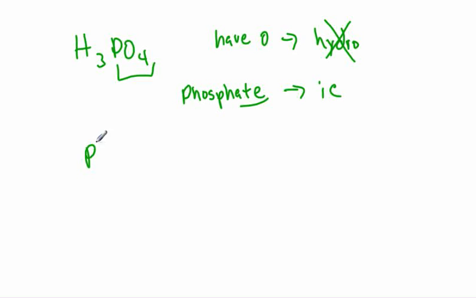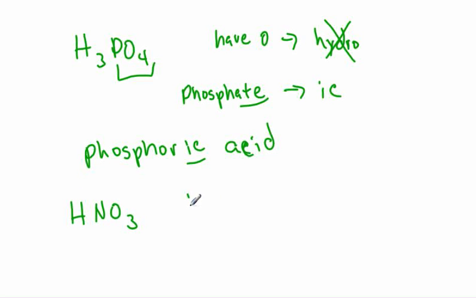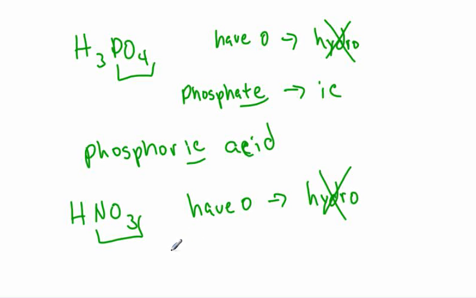So we're going to have phosphoric acid. Always put an acid on there. And we can do one more. We can do HNO3. We have oxygen, so we're not going to use hydro in the name. Take that out. And we look here at the NO3 polyatomic anion, that's nitrate. Nitrate goes to ic, and so we have nitric acid.